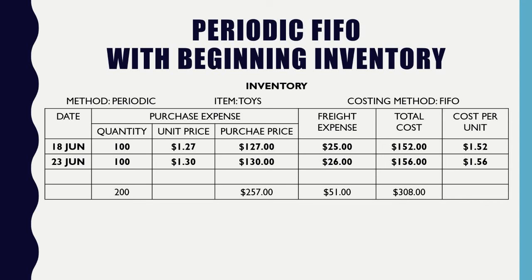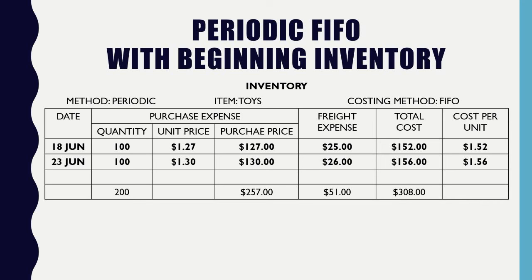If you divide by quantity, the total cost per item is going to be $1.52. Now the next section here on the 23rd, as you can follow along, you had 130 plus 26 to give you a total of 156. And then breaking down the cost per item is going to give you $1.56.